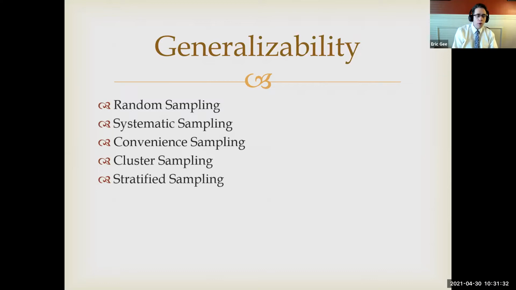Now, the third one there is the one that is most commonly used in psychological studies, and that is convenience sampling. Convenience sampling is very easy to do because it simply means you grab who you can. And very typically, that is how research is done in psychology.